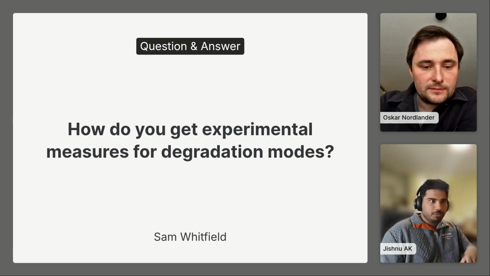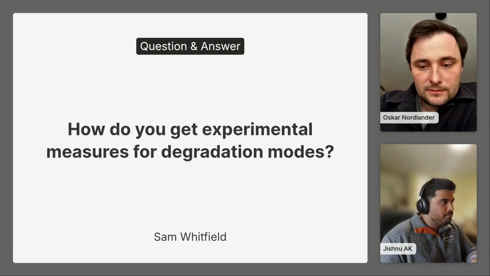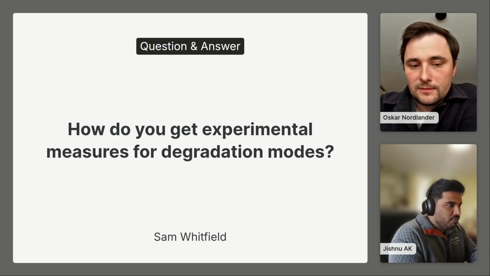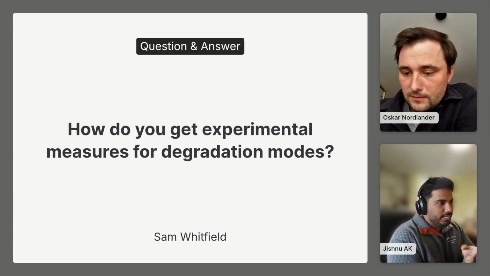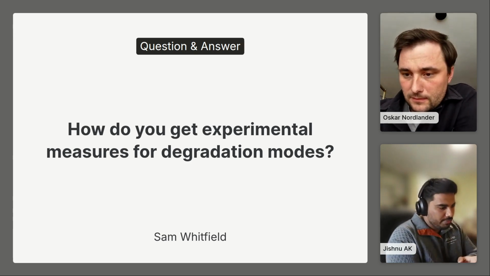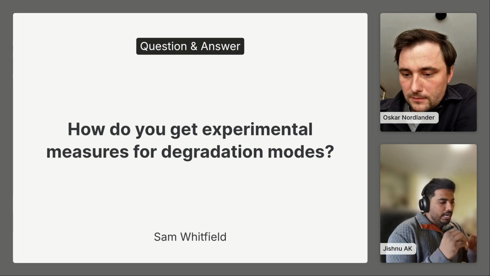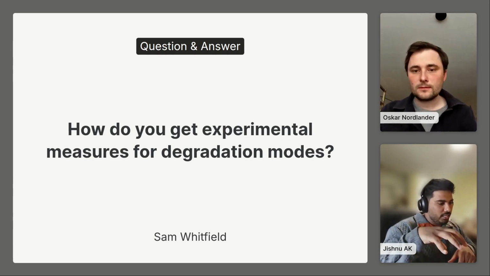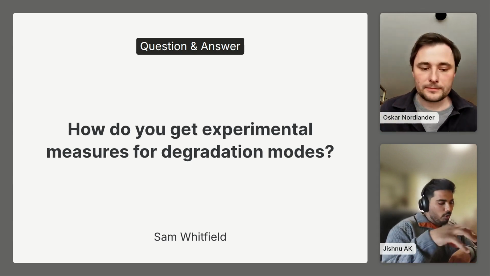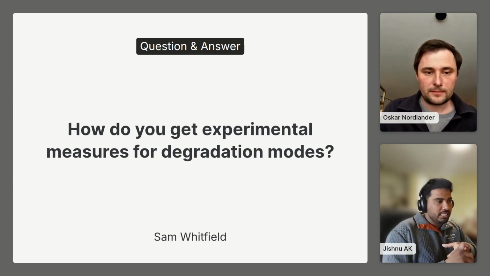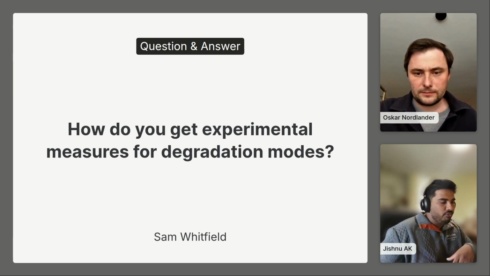This is a question from Sam. How do we get experimental measures for the degradation modes? To get the degradation modes, which are LLI and LAM on both electrodes, we use a technique called degradation mode quantification. The idea is we use half cell OCV measurements for both electrodes and construct the full cell OCV from that. When we are doing this process, what we are optimizing for are the stoichiometric limits at fully charged and fully depleted full cell.